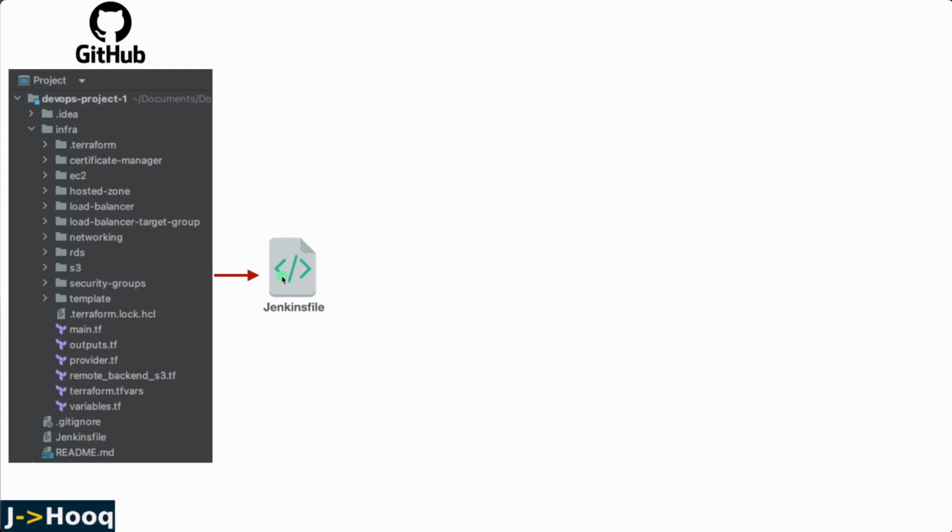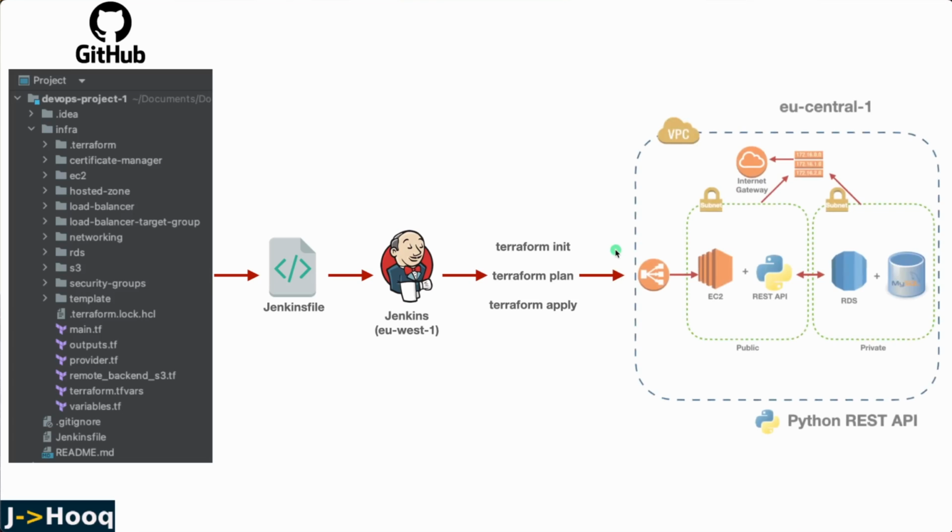We are going to use this Jenkinsfile to create our pipeline in Jenkins, and that pipeline will execute the commands terraform init, plan, and apply. Once we execute those commands using the Jenkinsfile, it will provision the whole infra for us.